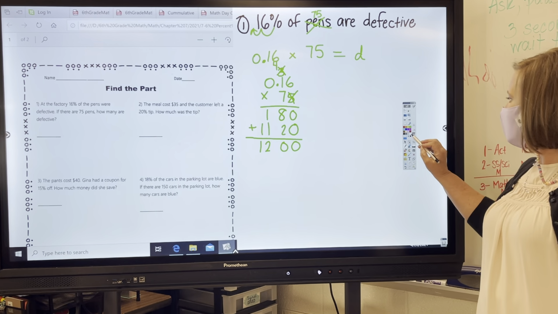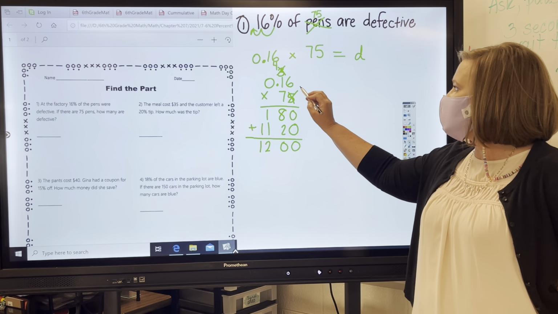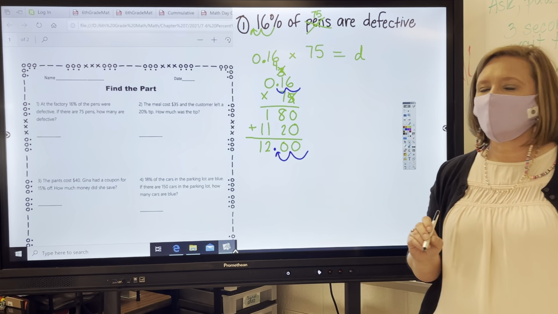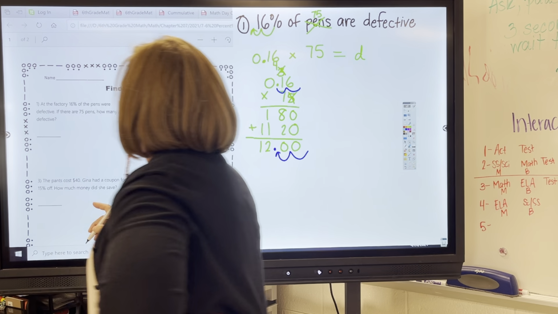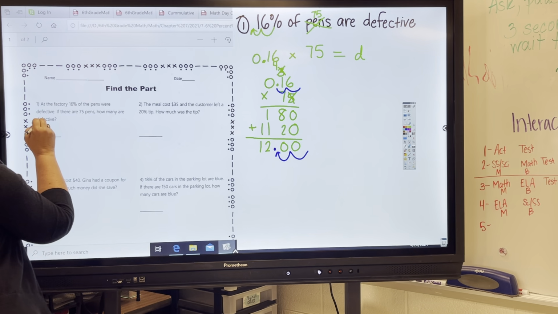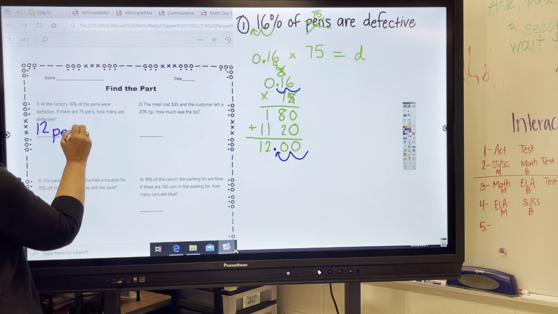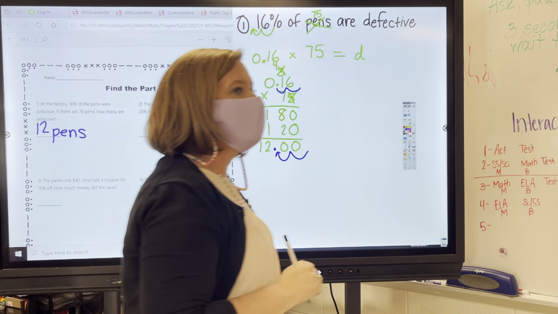How many numbers do I need behind the decimal? 2. So how many pens are defective? 12. So my answer is 12 what? Pens. 12 pens.